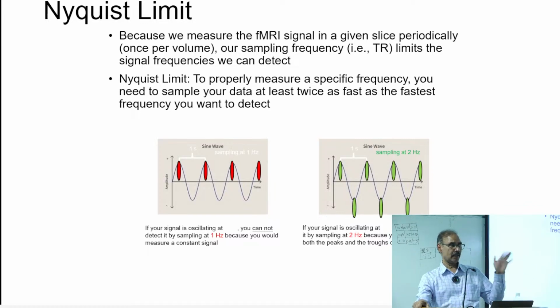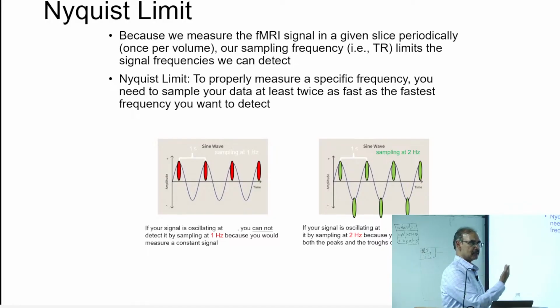So according to the Nyquist theorem, if someone's heart cycle is 1 second, then you should collect at least two times per second to be able to detect it. If it's less than that, you won't be able to observe it.